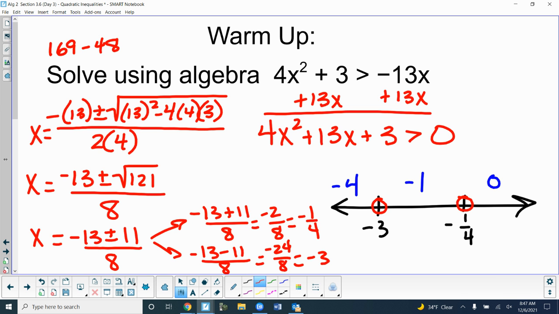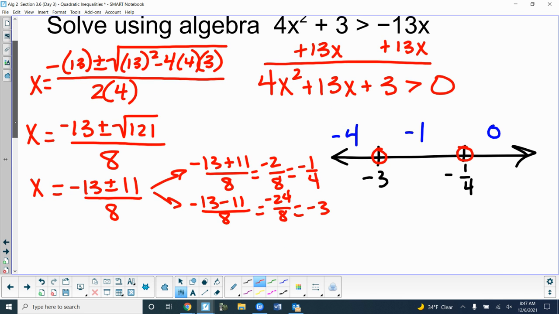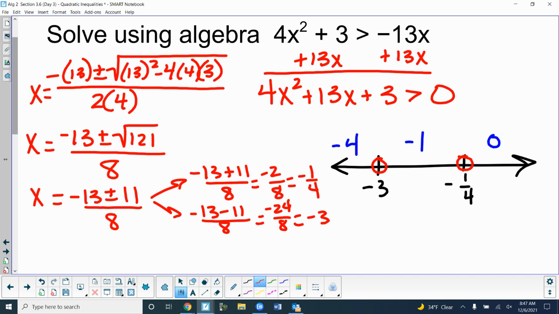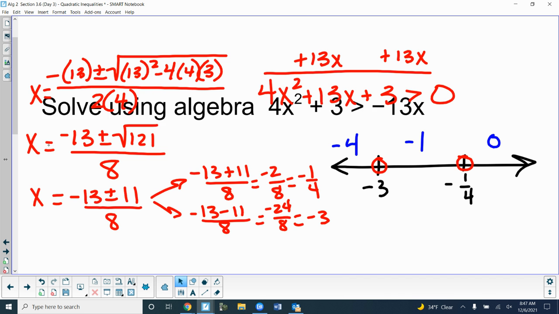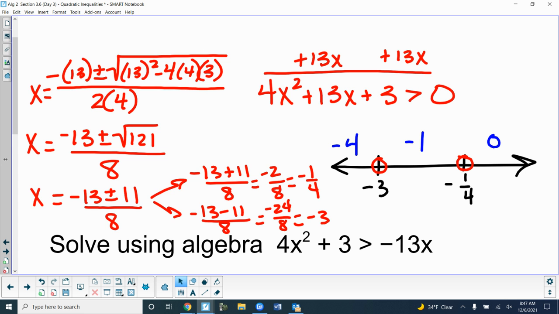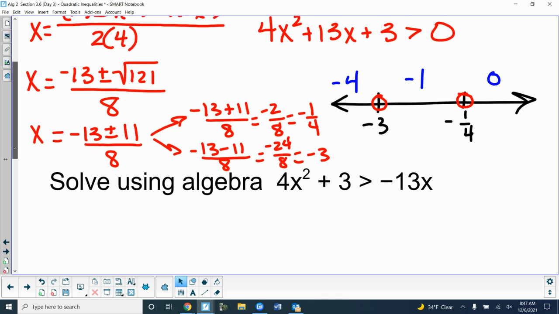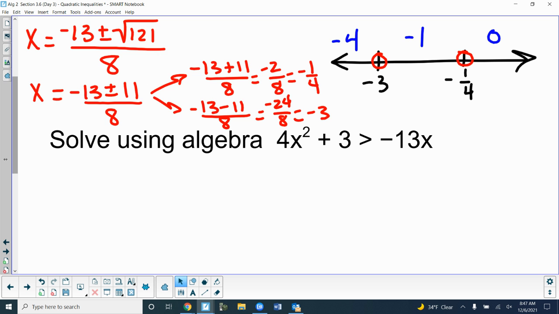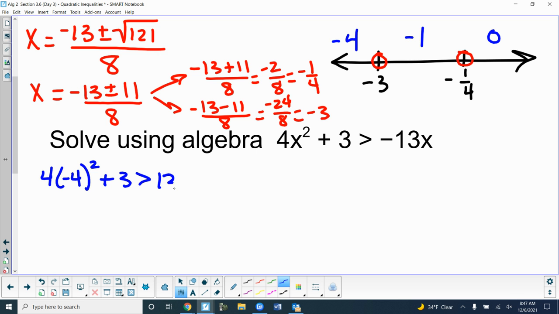So for -4, I'll just do it underneath here so we can see it. For the first one, I'm going to put -4 in for x. All right, so I'm going to see if that's a true statement.